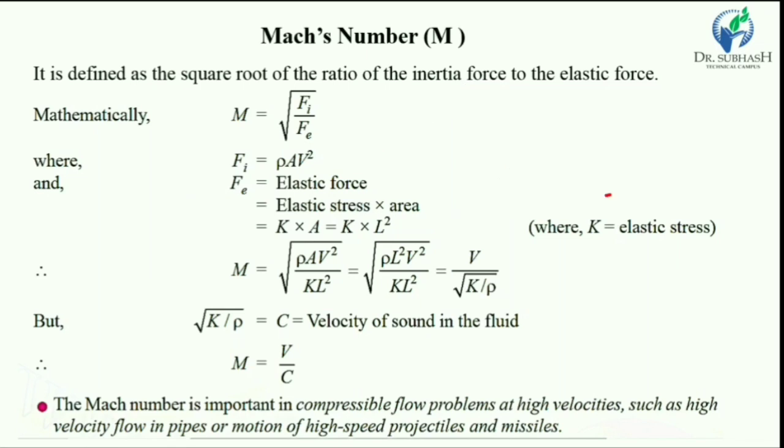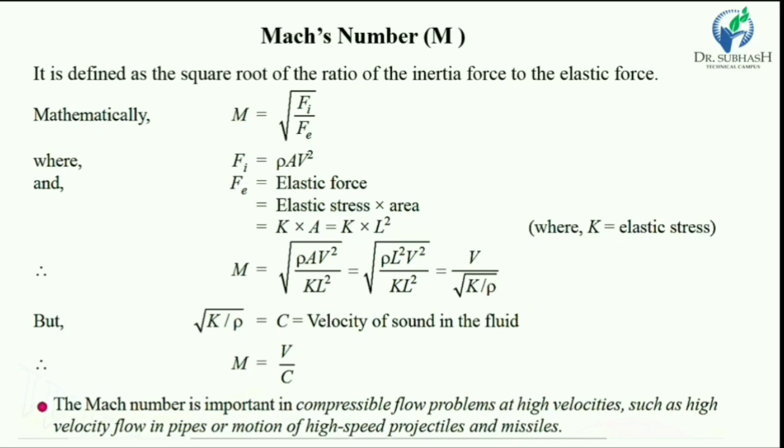Elastic stress is defined by capital K, and area is defined by A, which is also L square. So the elastic force is defined by K into L square. Now put the equations of both forces in the equation of Mach number.